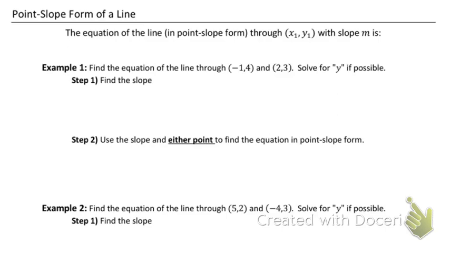The point-slope form is going to be y minus y1 equals your slope m times x minus x1, where y1 and x1 are some point that's on that line.